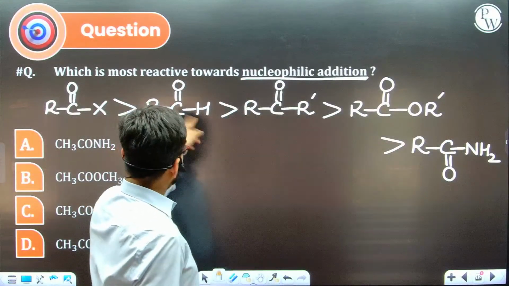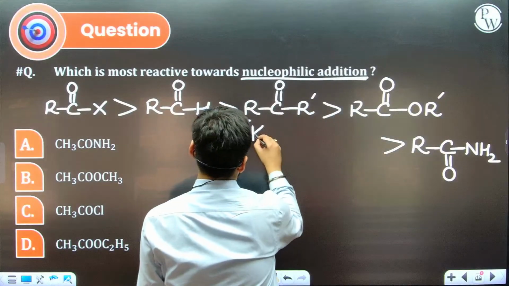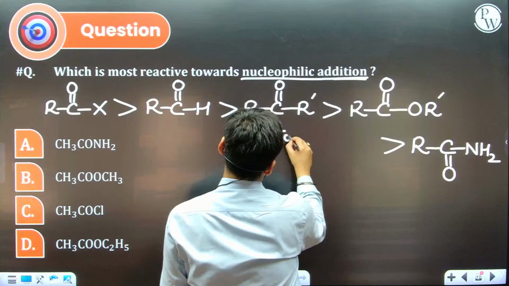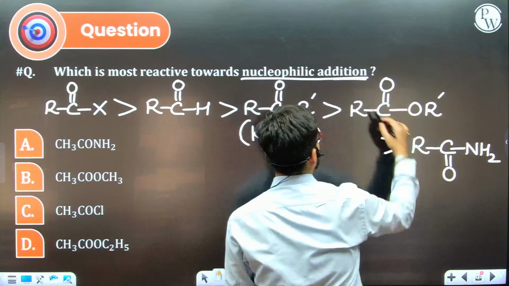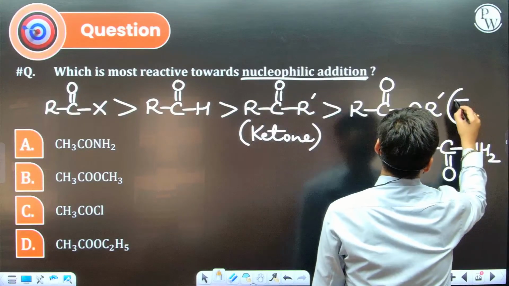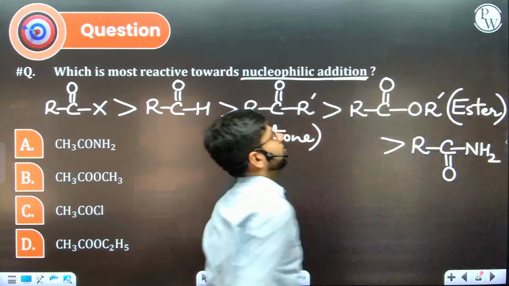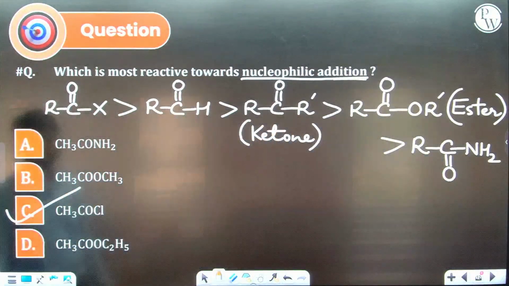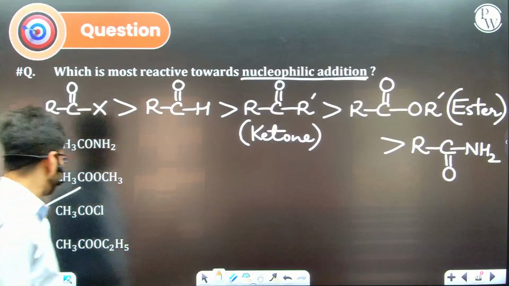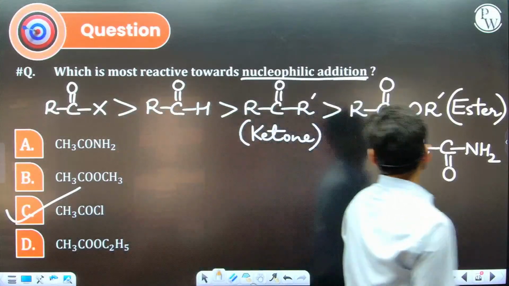This is an aldehyde, this is a ketone, this is an ester. Right? So most reactive is acid halide, hence C is the correct answer. And the least reactive will be A. This is the correct order.